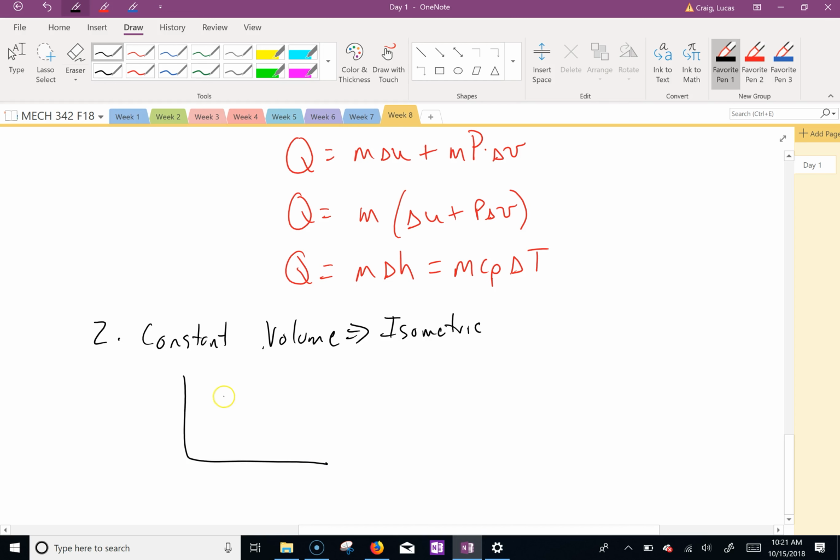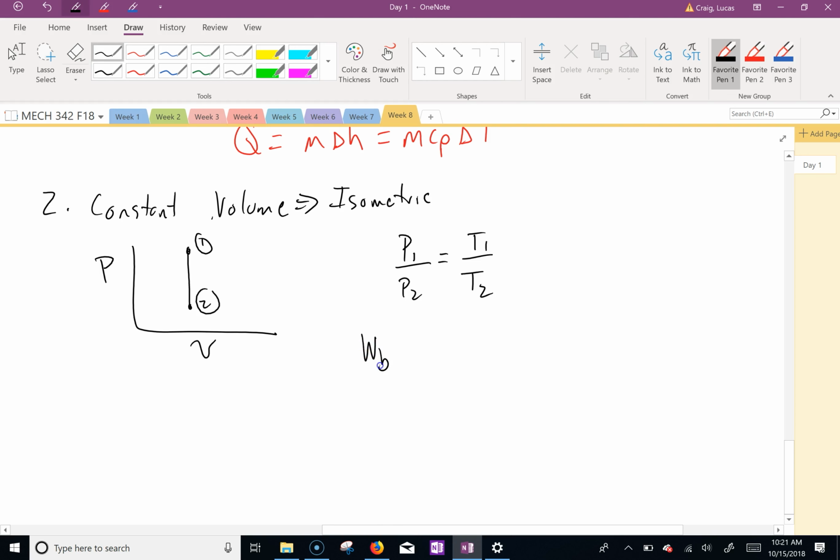And again, what does that look like on a curve? Straight line down. I'm not going to go through everything now, just going to give you what the cheat sheet has. It should have these correct. You can find the relationship between pressure and temperature.